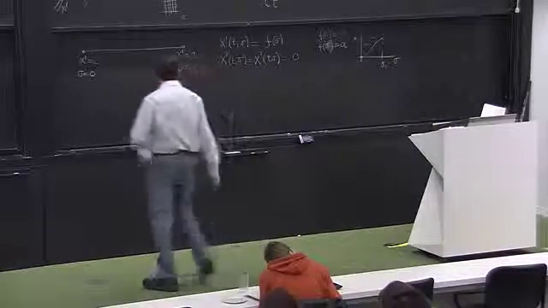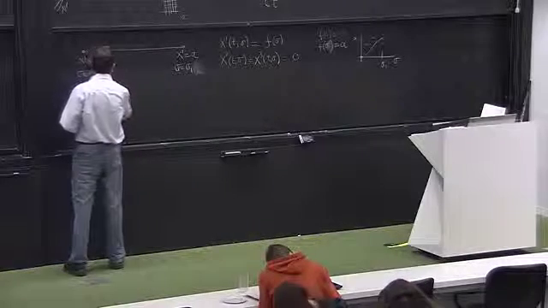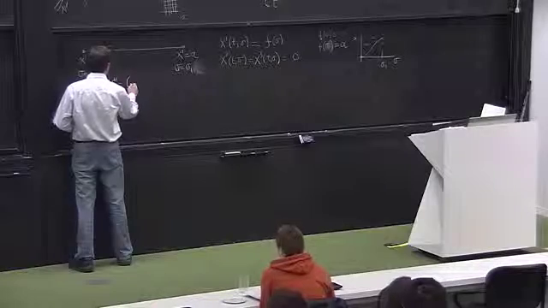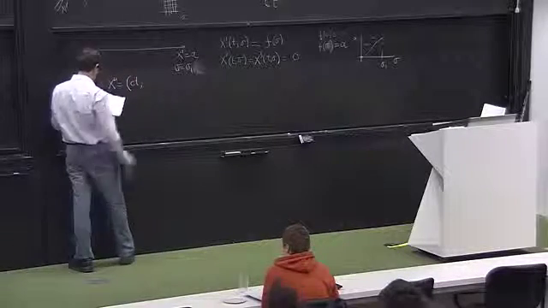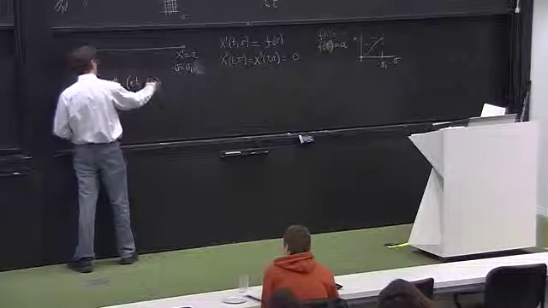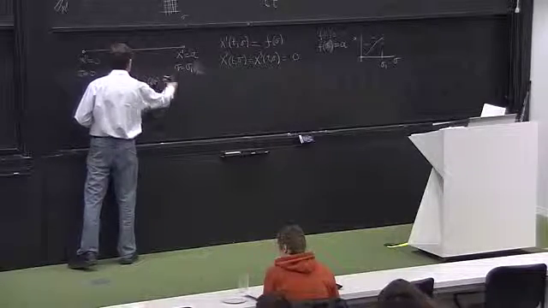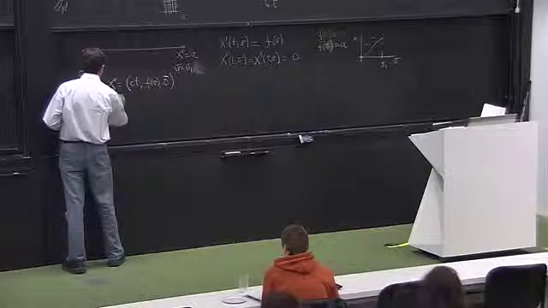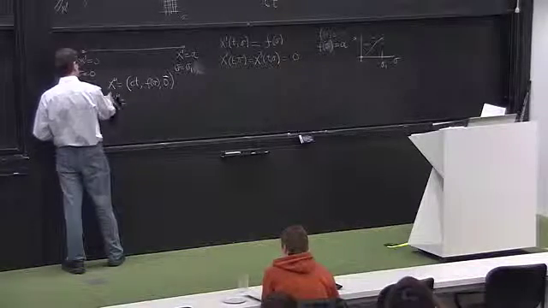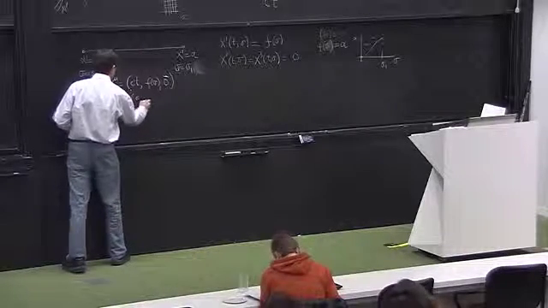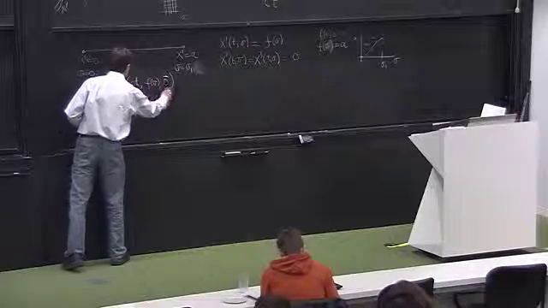OK, so what do we have here? Let's look at the coordinates x mu. The first one is ct. The second one is f of sigma, and all the others are 0. What is x dot mu? Well, you're differentiating with respect to tau, but tau is t, so this is c, 0, and 0.